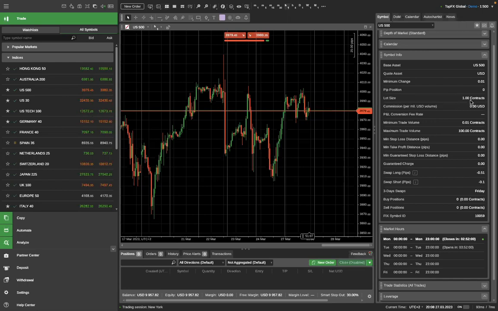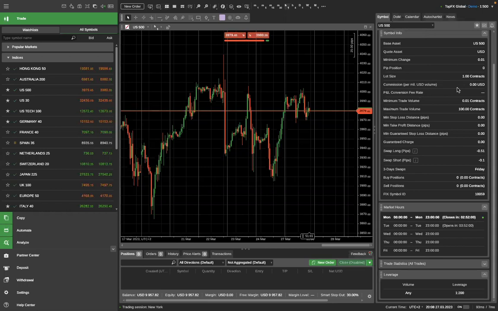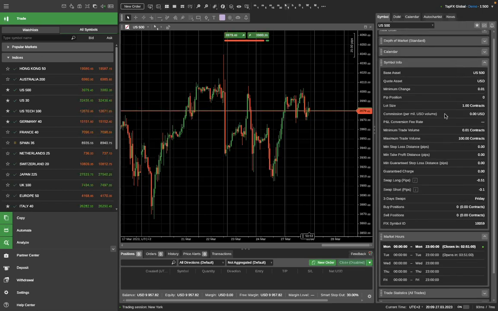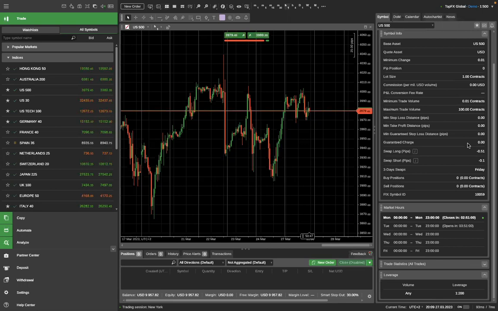The minimum lot size is 1 contract. The commission per million of the US volume is 0 USD. On my account, minimum trade volume is 0.01 contract. This is exactly the same as the minimum change, and the maximum trade volume is 100 contracts. Swap long position in pips is minus 0.51, and the swap short position is minus 0.11. So that's the symbol info.